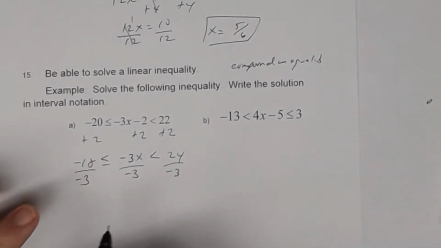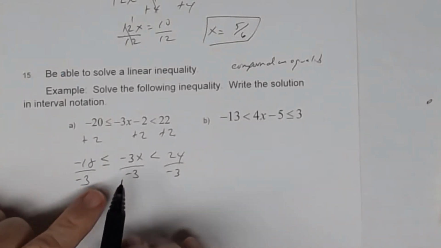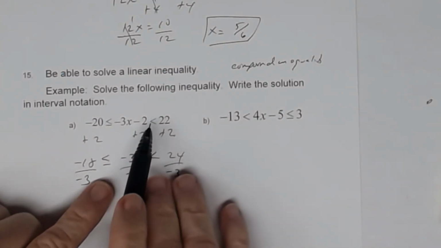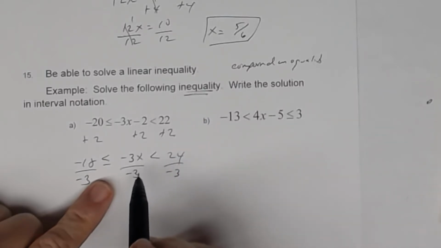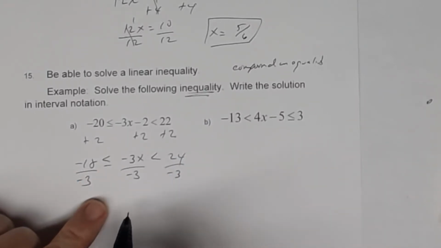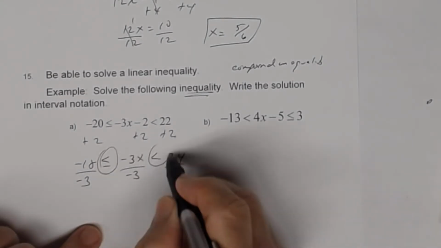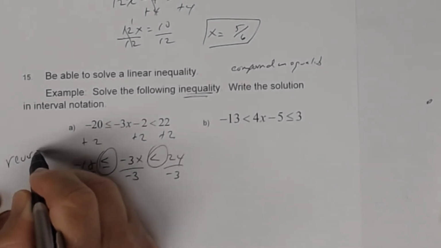Now, you got to remember this, and this is important. Whenever you divide or multiply an inequality, both sides or all parts of an inequality, by a negative number, you must reverse the inequality symbol.